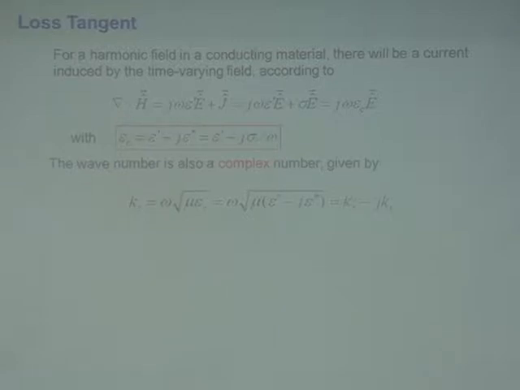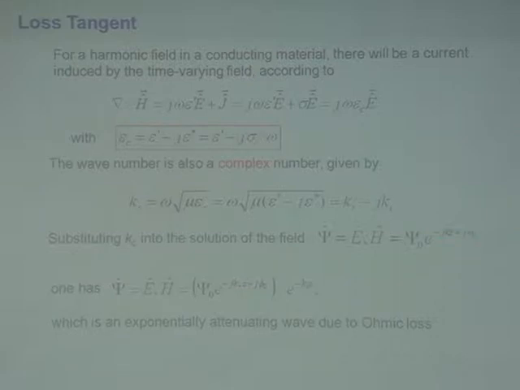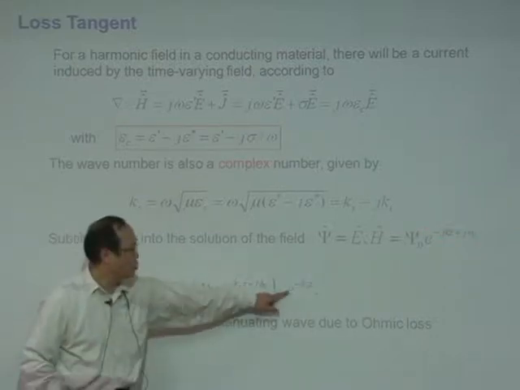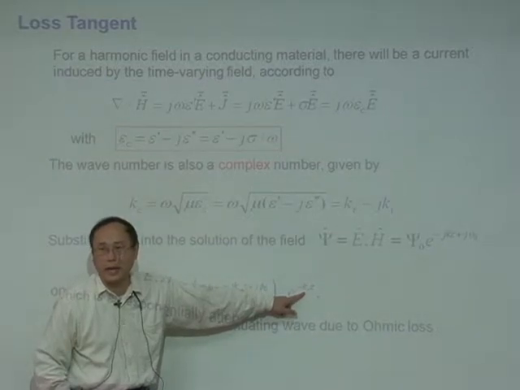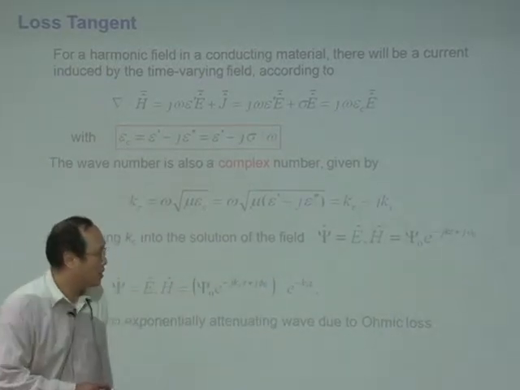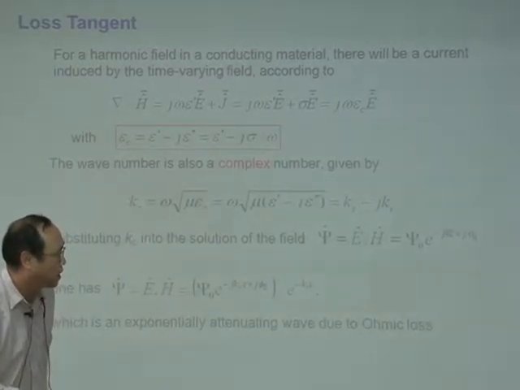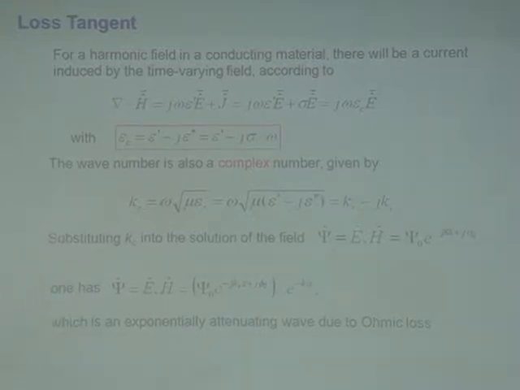Same as the expression in chapter 1. 你有实数部分、虚数部分。那这个虚数部分呢，你如果把这个 k 放到这里头来的话，你会产生两项。这个虚数部分的 exponential minus k_i z basically is written as an exponential minus alpha z right here. Okay.